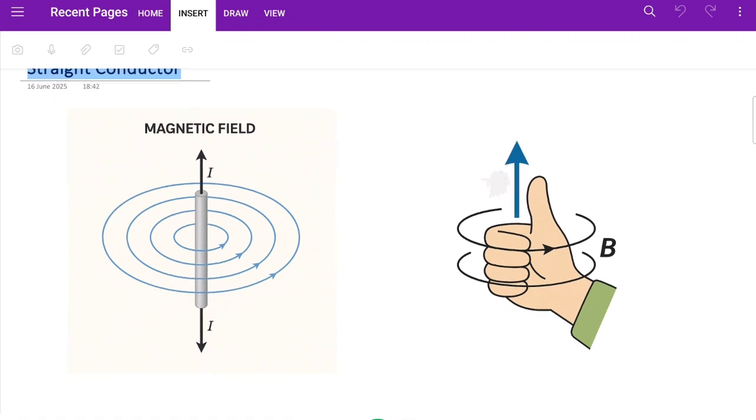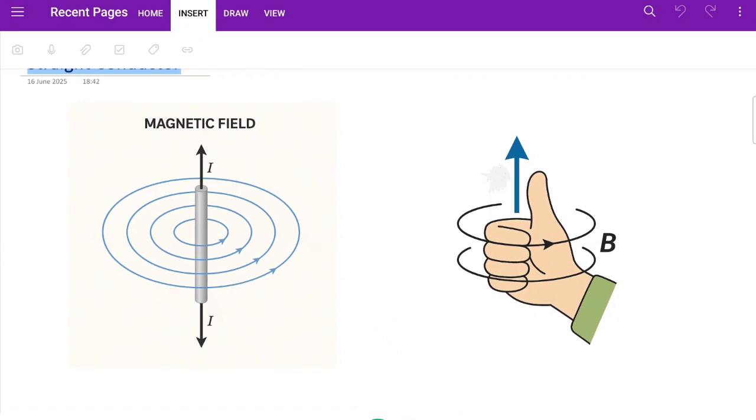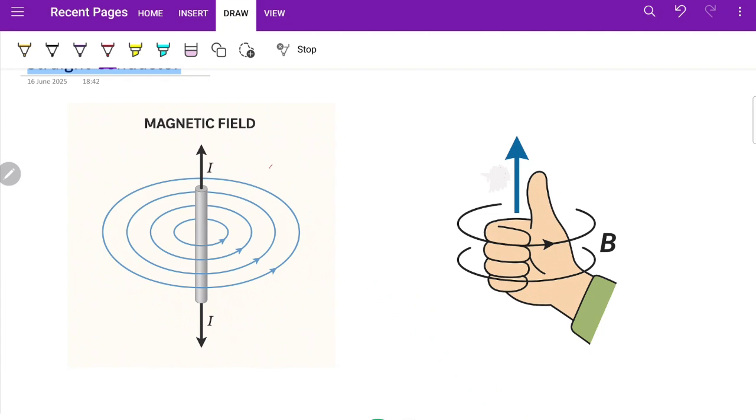So if we take a straight conductor carrying a current of infinite length as shown in this figure. Here the straight conductor is carrying current in upward direction. So in this case what happens? Magnetic field appears around the straight conductor.